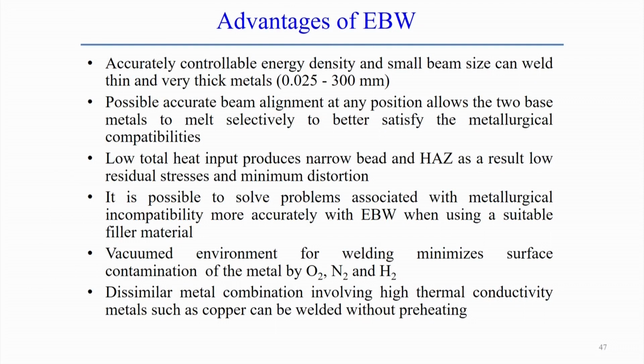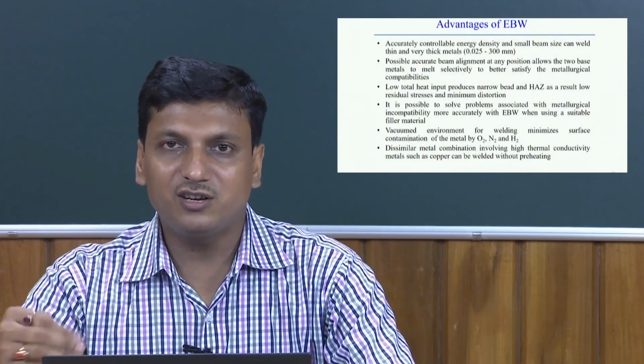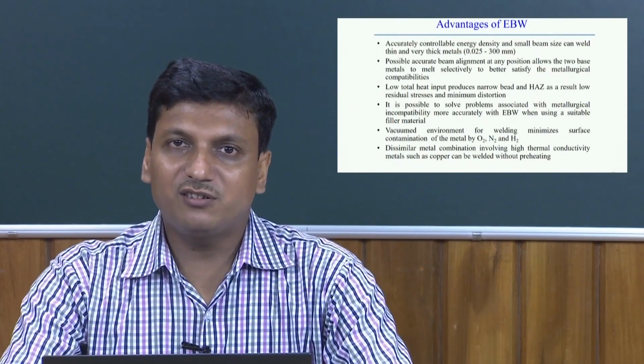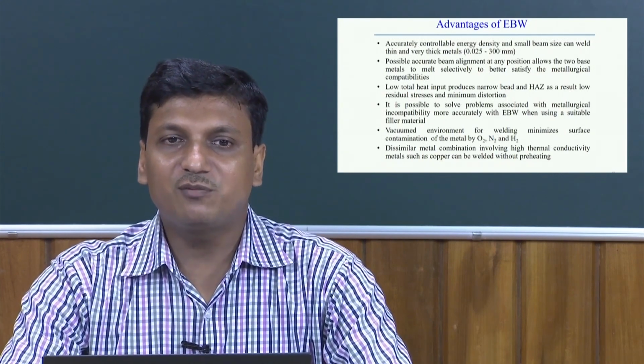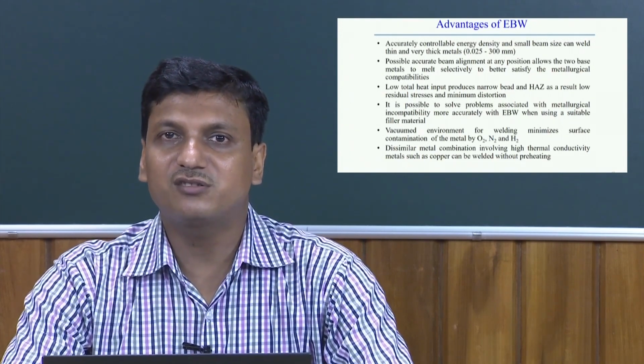Most combinations of dissimilar materials are difficult to join in other welding processes because of metallurgical incompatibility between the materials. That incompatibility can be controlled using the electron beam welding process, and sometimes this can be done using filler materials also.